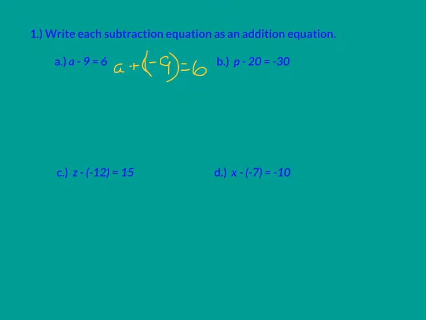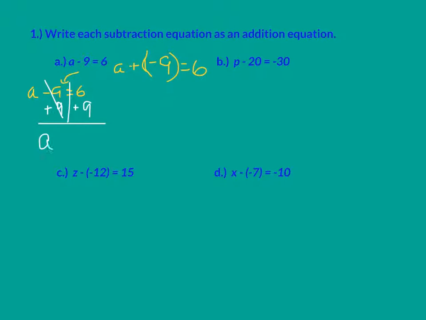And then another couple of ways to do this. I'm going to actually show you how I'm doing it here. My original is A minus 9 equals 6. I should know that the opposite of minus 9 is plus 9, so that is very helpful. So plus 9 on both sides, because I need to make sure I keep it balanced. These two cancel.